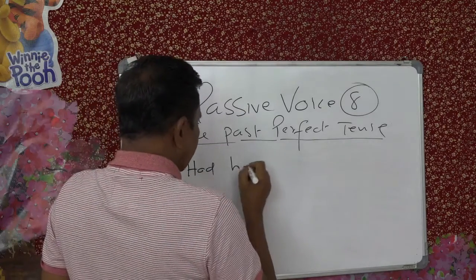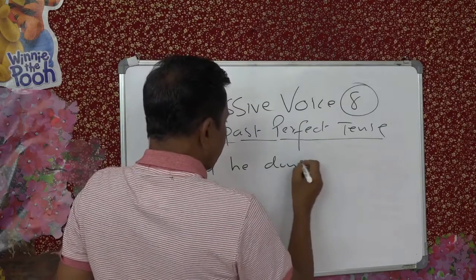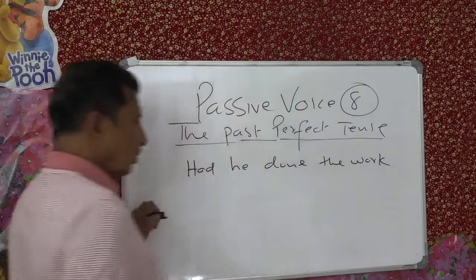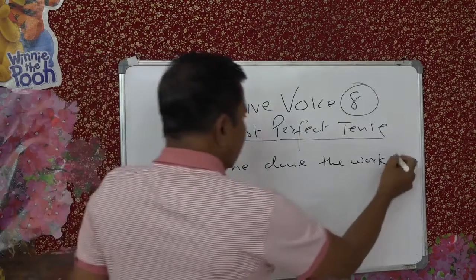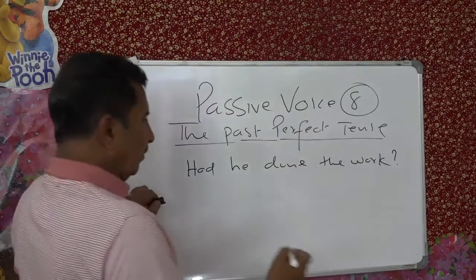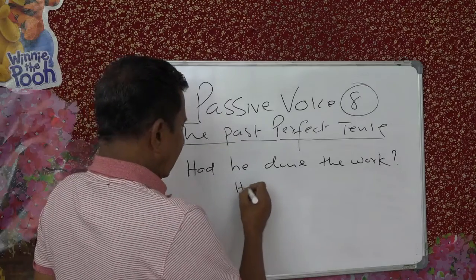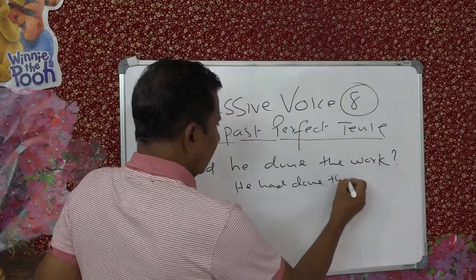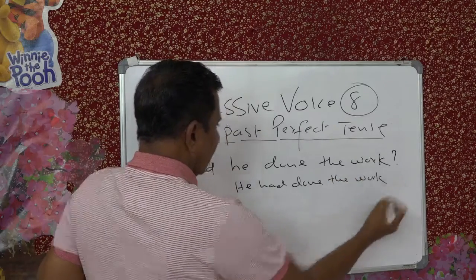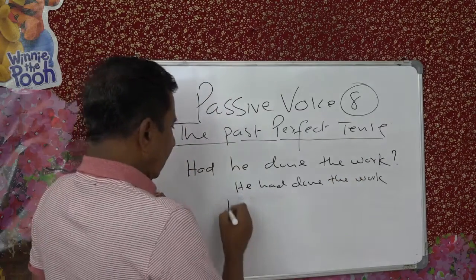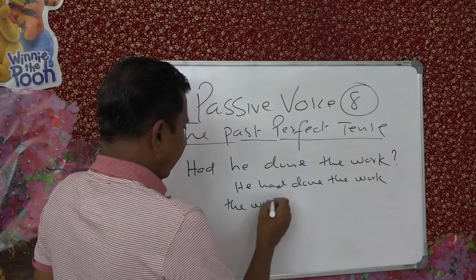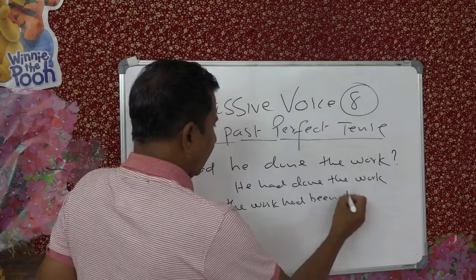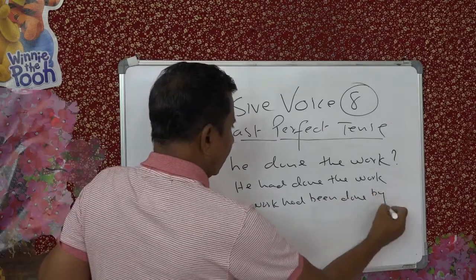Had he done the work? So it is a yes or no question. What is the statement? He had done the work. The passive will be: the work had been done by him.